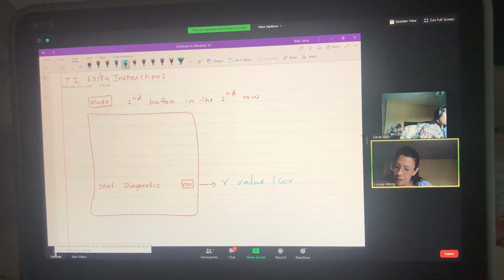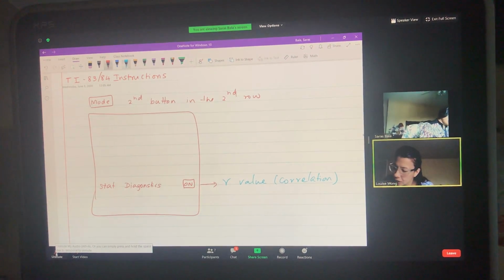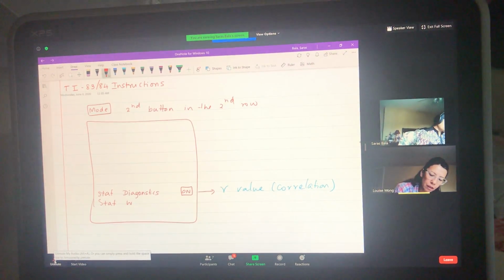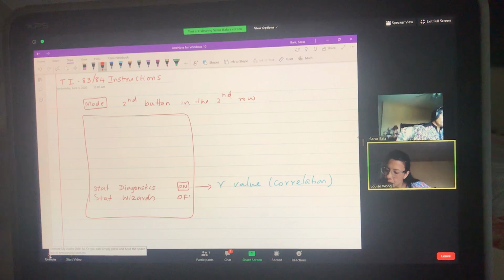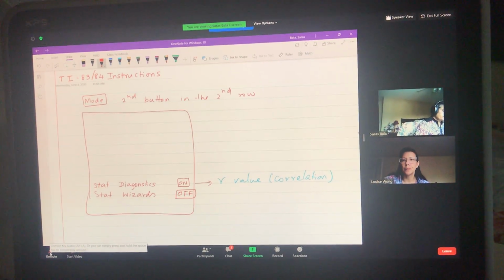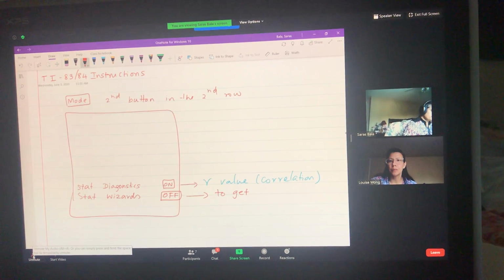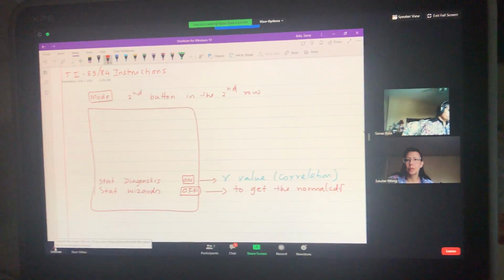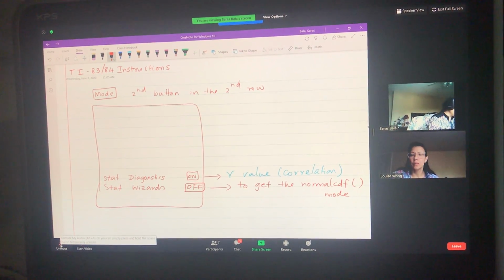And is this also where Stat Wizards has to be off? That is correct. Okay, so that I did. I want you to turn the Stat Wizards off to get the normal CDF mode. All right. So once you turn it off, then you will be good.